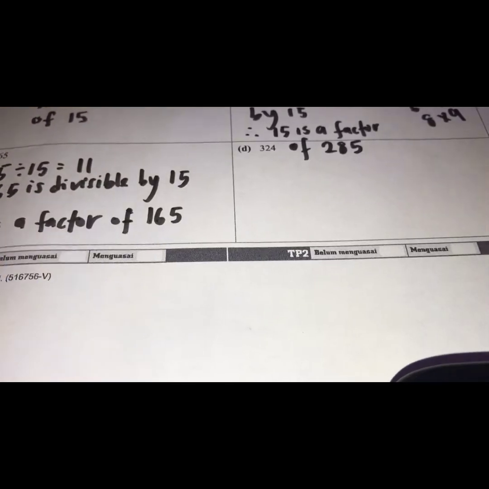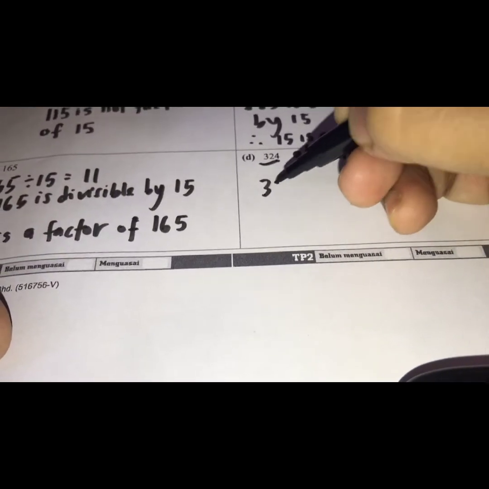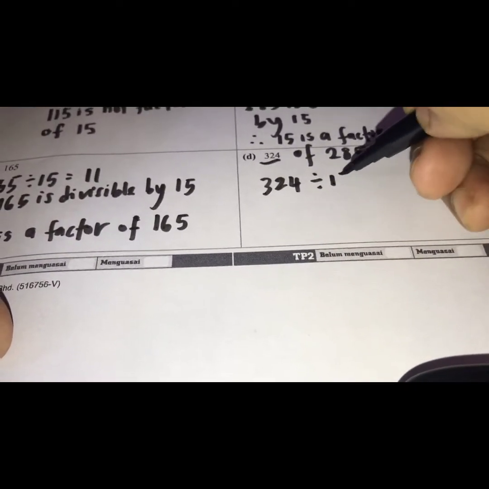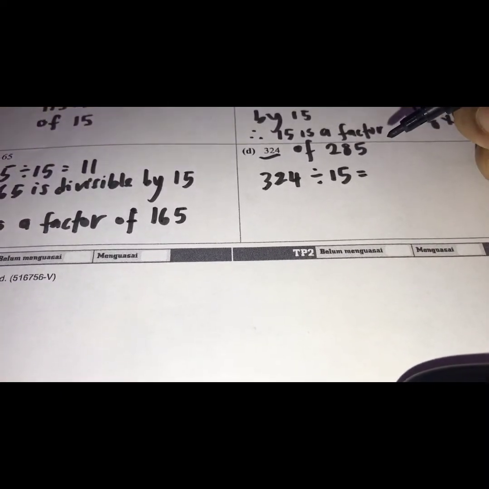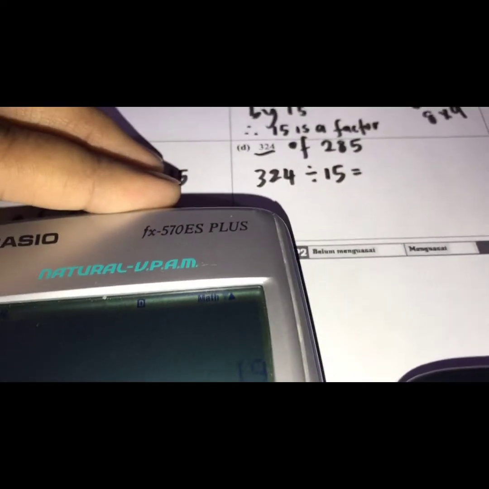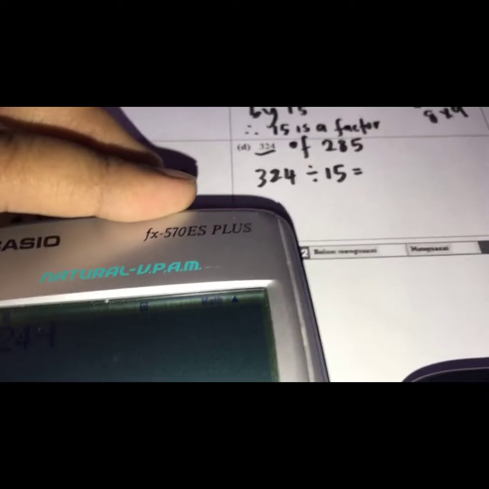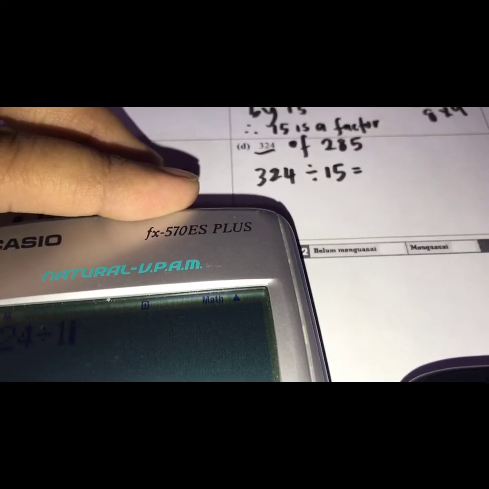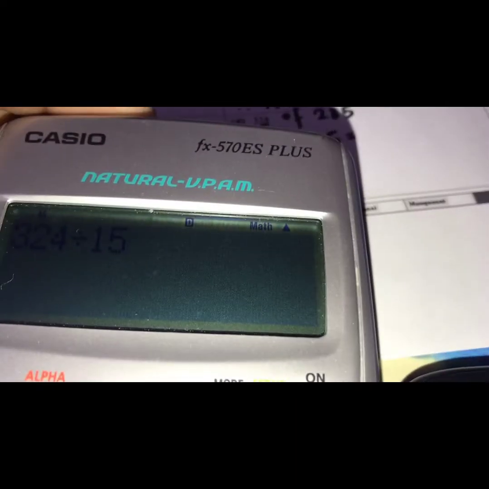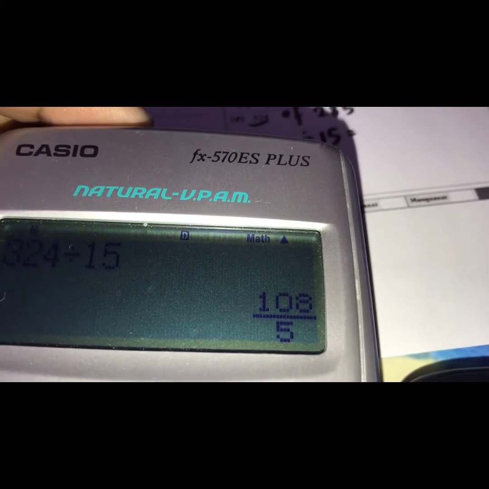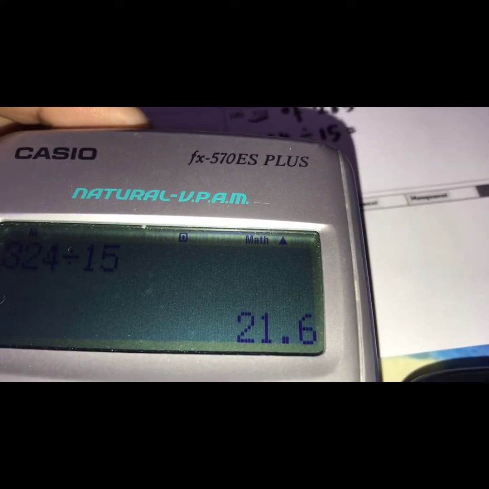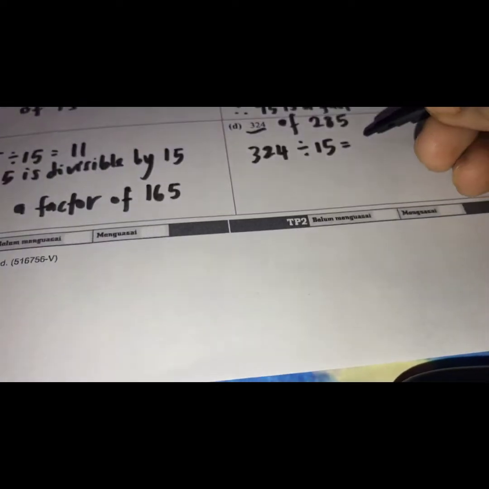Okay, and then question D, 324 divided by 15. Okay, check what answer you get. You will get 21.6.